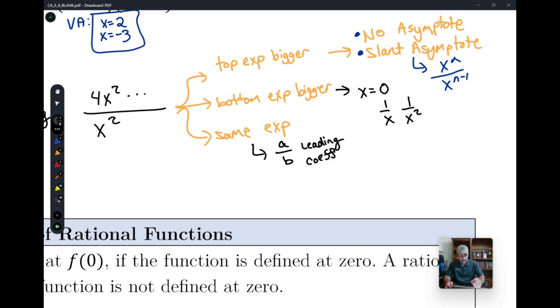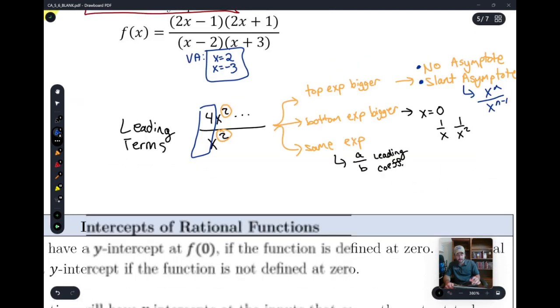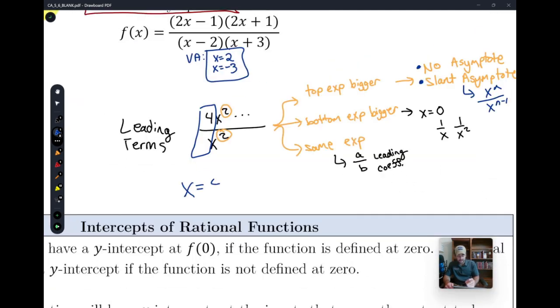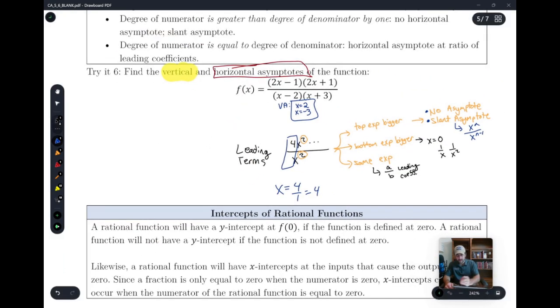And so if we look at this one that we're working on right now, we see that the exponents are exactly the same. And so all we're going to take is our leading coefficients and say our horizontal asymptote is 4 over 1, or 4. So we've got our VAs of 2 and negative 3, and we've got our HA of 4.